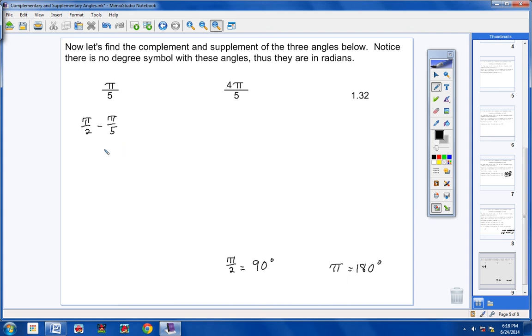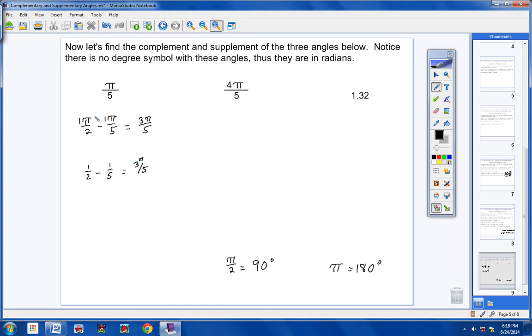There's an imaginary 1 here and an imaginary 1 here. I would just type into your calculator 1/2 minus 1/5. And if you do that correctly, I'm doing it in my head, I believe you would get 5 minus 2, I think you'll get 3/5. I'll check that in a second. Then, of course, don't forget to put your pi up top. So if you took pi over 2 minus pi over 5, you would get 3 pi over 5.